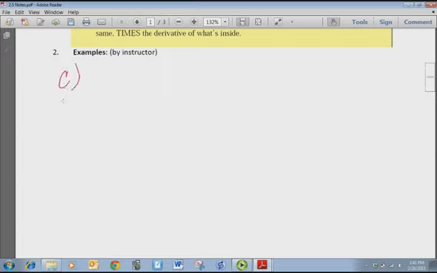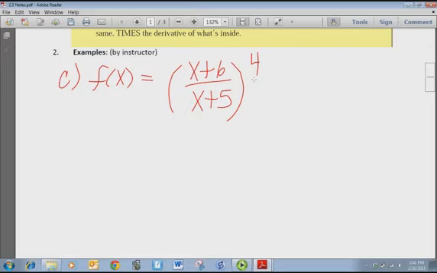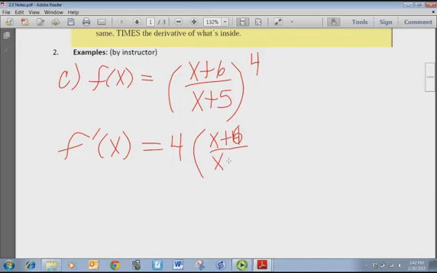Example C. f of x is equal to x plus 6 over x plus 5, to the 4th power. Again, we're going to deal with the power first, so f prime of x is going to be 4 times the inside to the 3rd power, and now we have to multiply by the derivative of the inside.